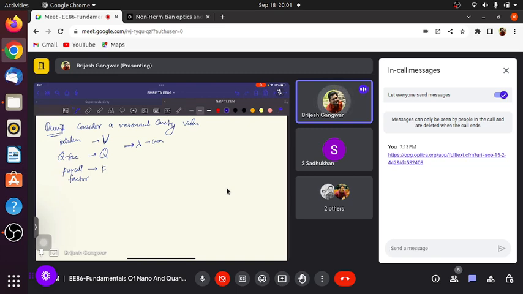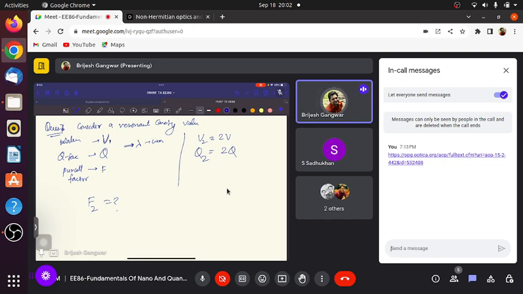If the volume of the cavity has been doubled, let's say V2 is equal to 2V, and the quality factor is also doubled, so Q2 is 2Q, then what will be the effect on the Purcell factor?